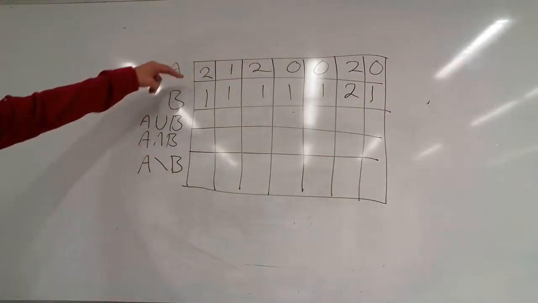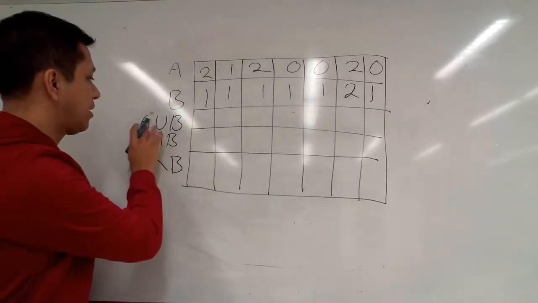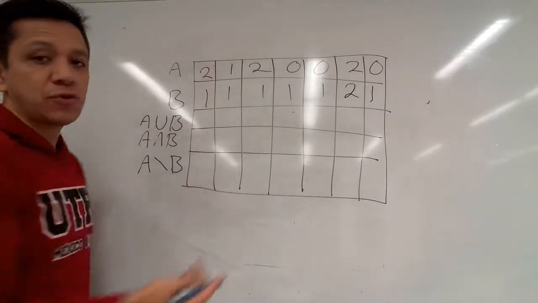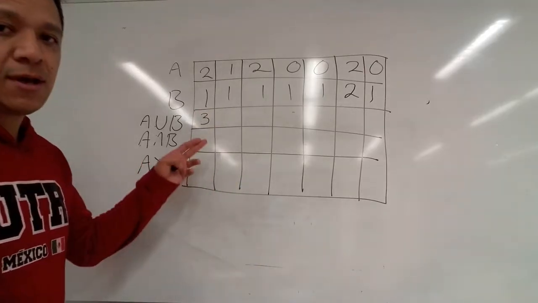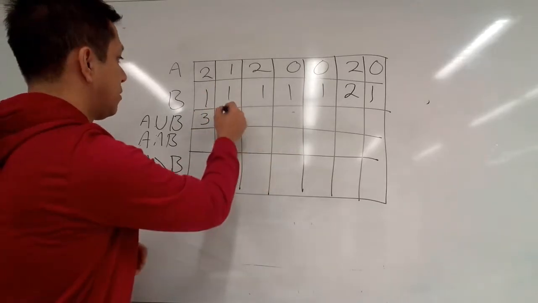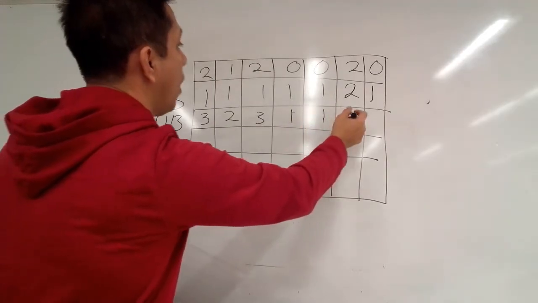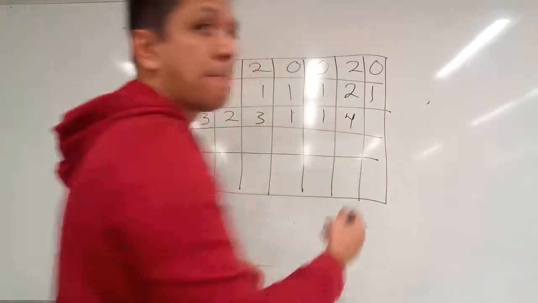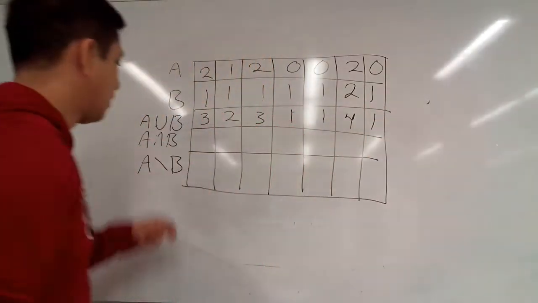Okay, what could be the addition of these integers? So the result here, A union B, is going to be one addition. So we can place the number 3. And this is just another addition. This is 2, this is 3, this is 1, 1, this is 4, and this is 1.